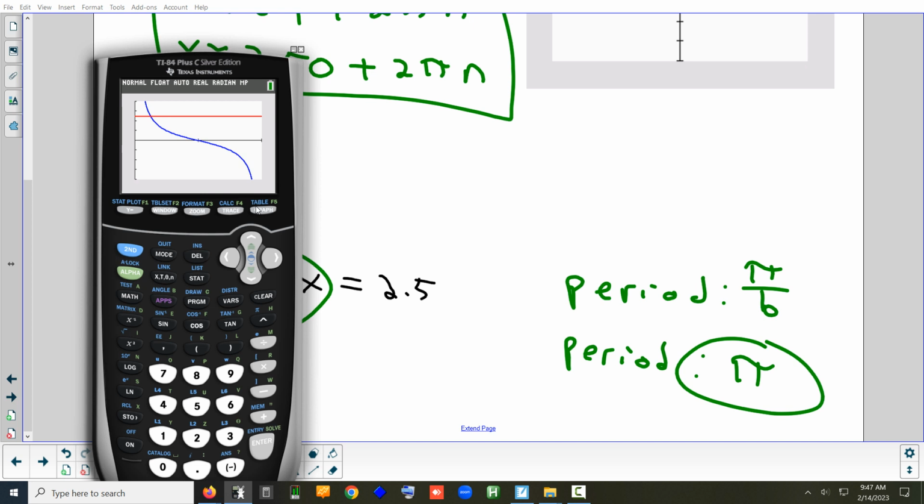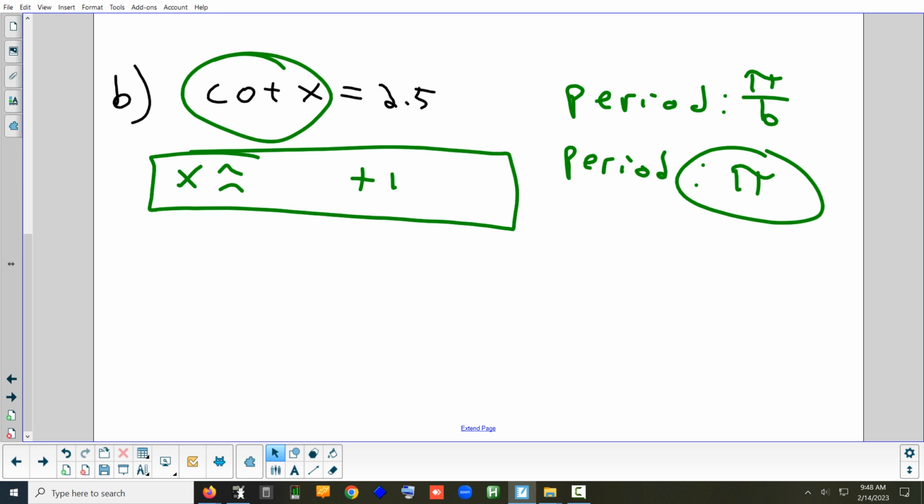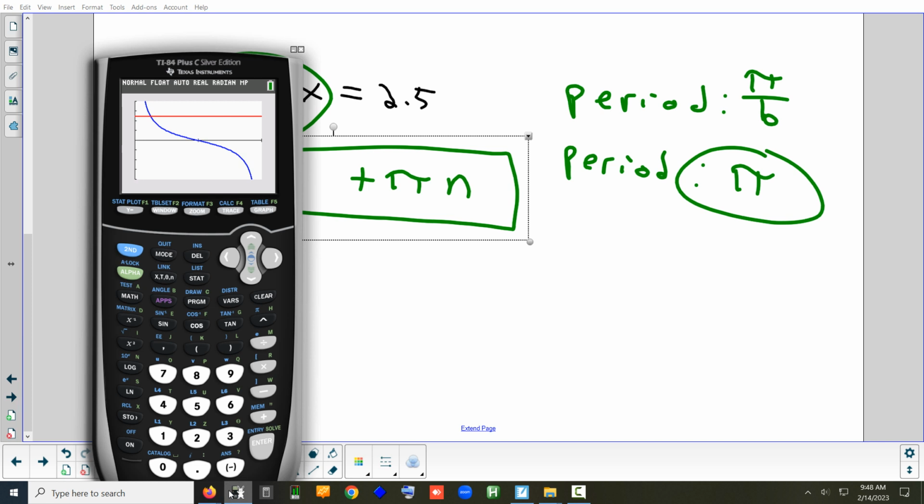I mean, there are infinitely many answers, but per cycle, 1. In the last problem, it was 2 per cycle. So this time, the only answer we're going to have is going to look something like this. Tell me the first answer, and then tell me that it repeats forever, every period.